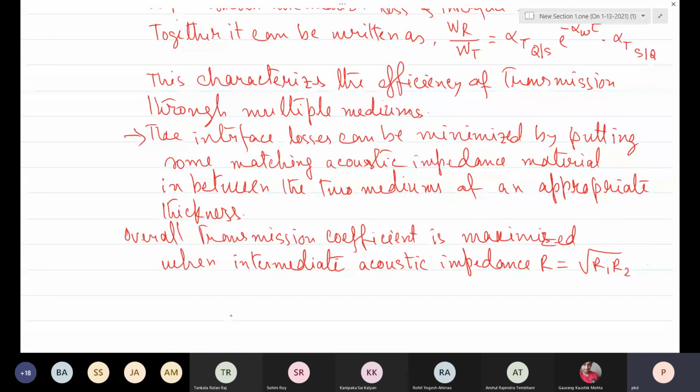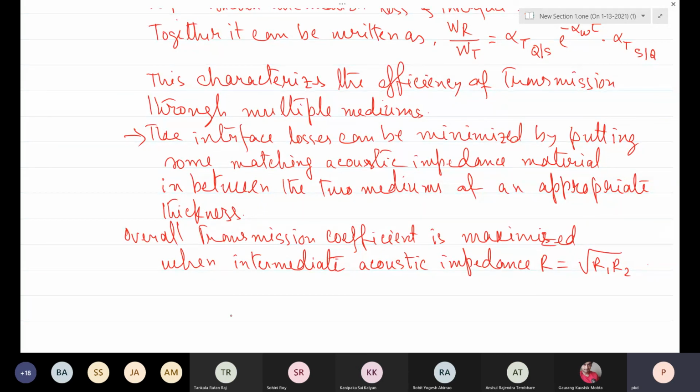And for optics, that is the anti-reflection coating. In the RF domain, that is the matching terminator, and in the acoustic domain, this is the matching layer. So n is equal to square root of n1 n2, that is the anti-reflection coating refractive index. So these relations are similar for all plane waves.